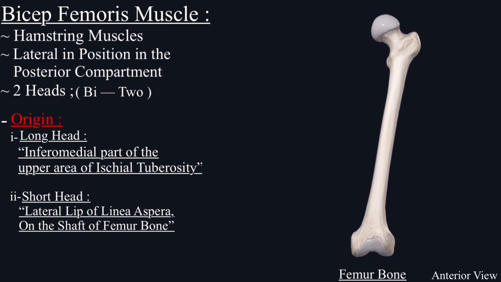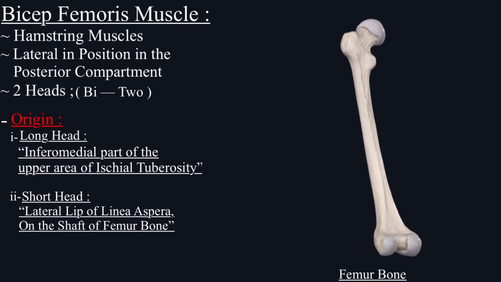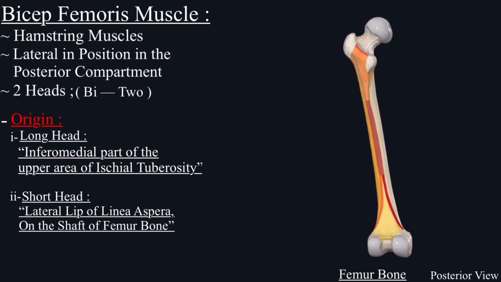This is isolated femur bone with the anterior view. In the posterior view, this is the linea aspera. It has two lips, the medial lip and the lateral lip. And from the lateral lip of the linea aspera originates short head of the biceps femoris muscle.